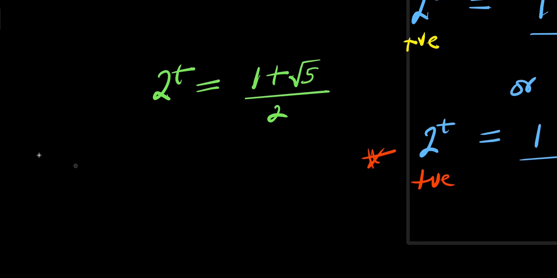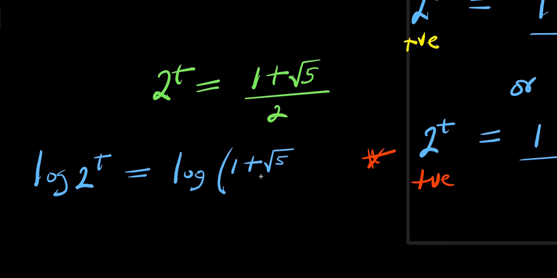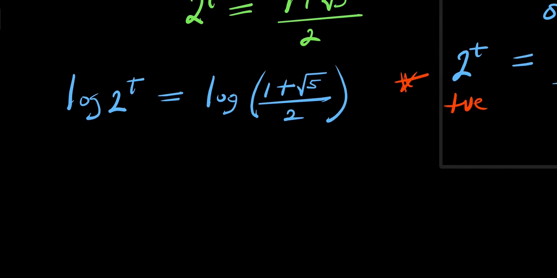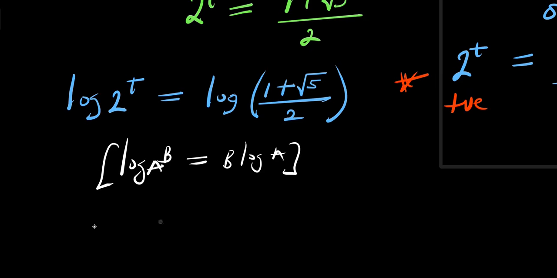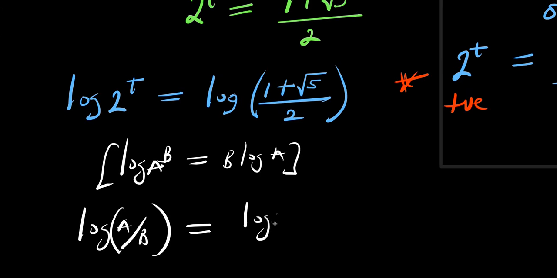We can take the log. We have log 2 power t equals log of 1 plus root 5 divided by 2. Now if you have log a power b, this equals b times log a. And also if you have log a divided by b, this equals log a minus log b.